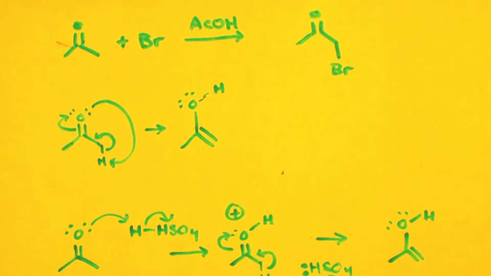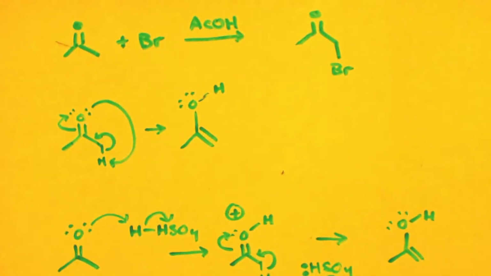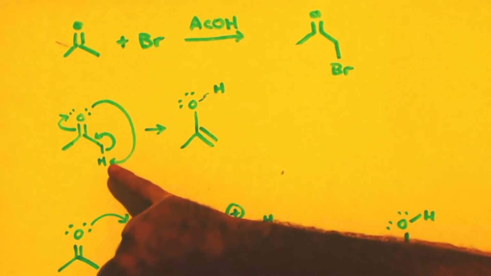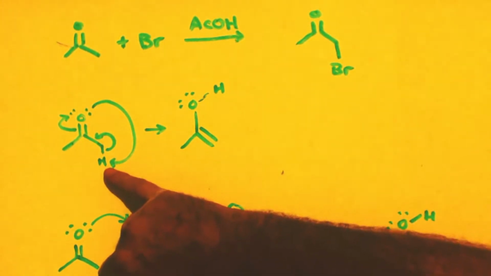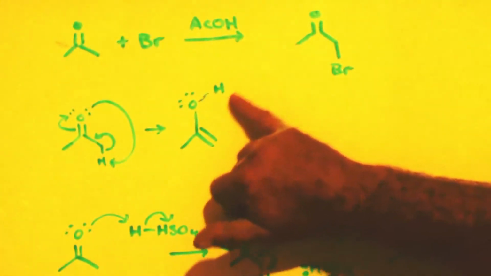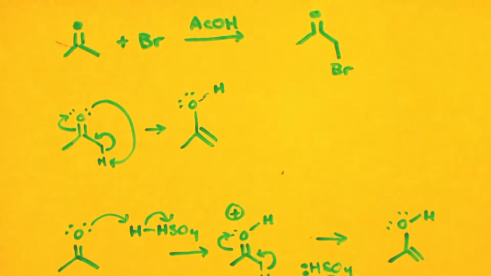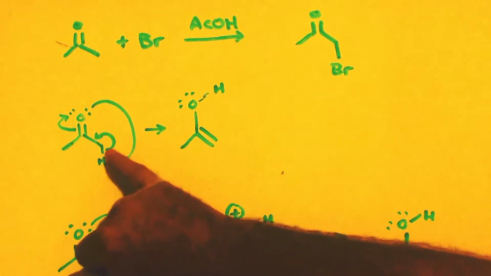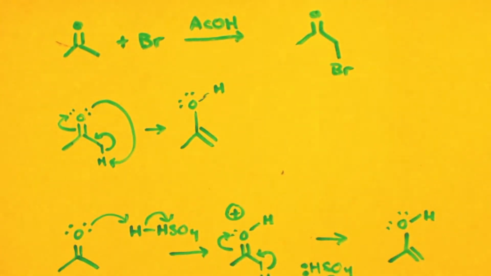Now, how does this happen? Alpha ketones tautomerize into enols, all right? And here's an example of it. You can think of it as an internal thing where this hydrogen down here jumps up on the oxygen and makes an alcohol, and the double bond is split down here.